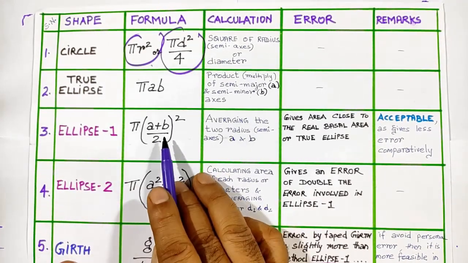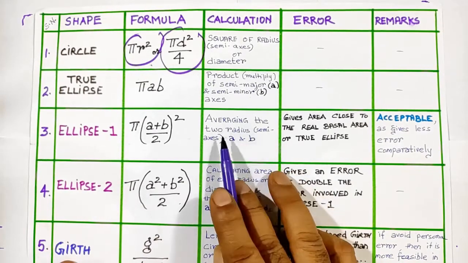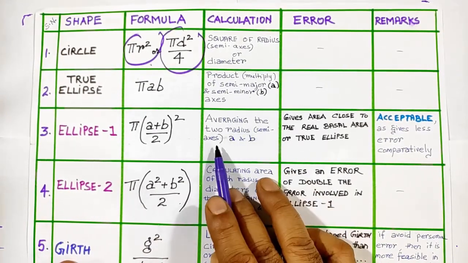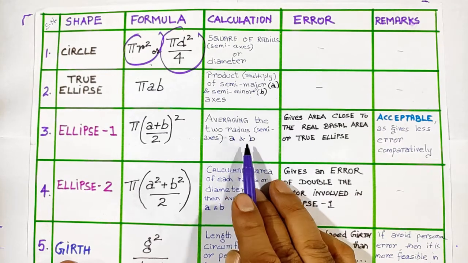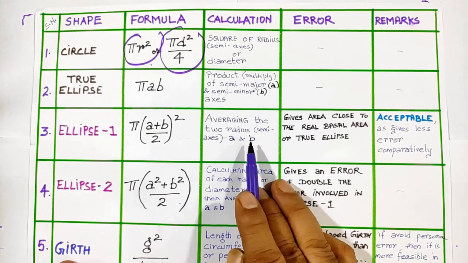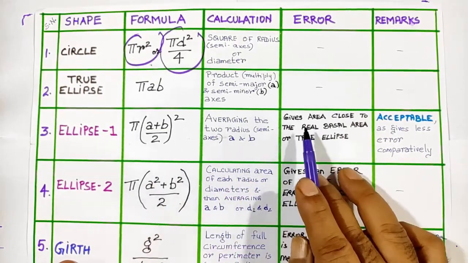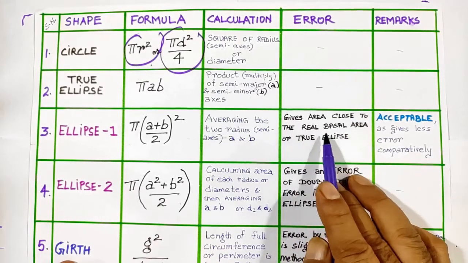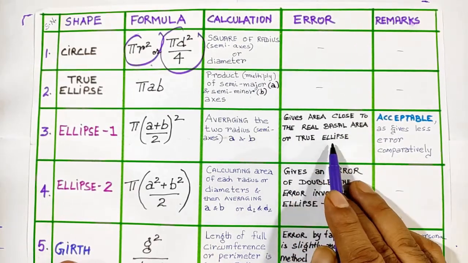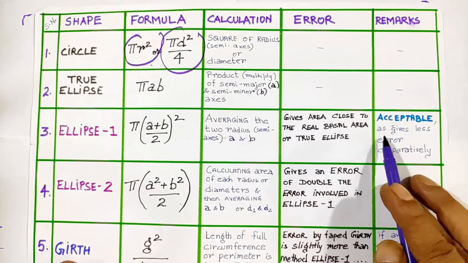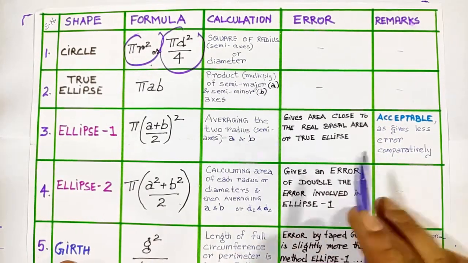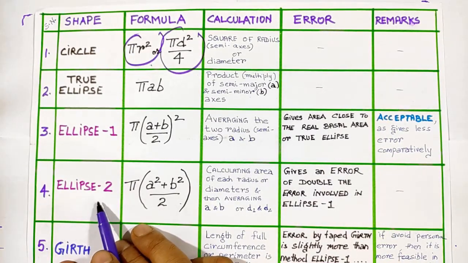This is the formula we already discussed: averaging the two semi-axis radii, A and B. It gives an area close to the real basal area, the true ellipse. So it is more acceptable, as it gives less error compared to ellipse 2.